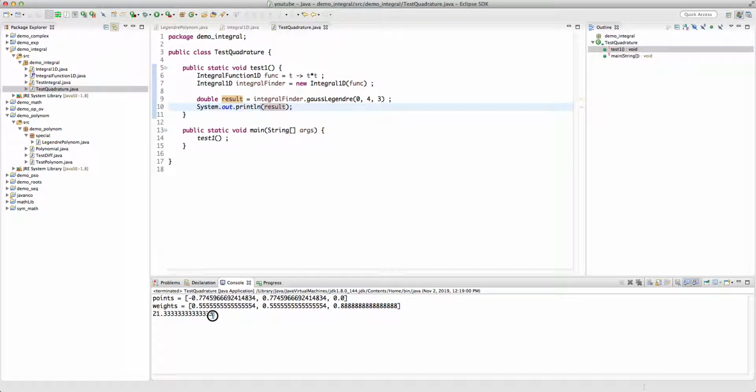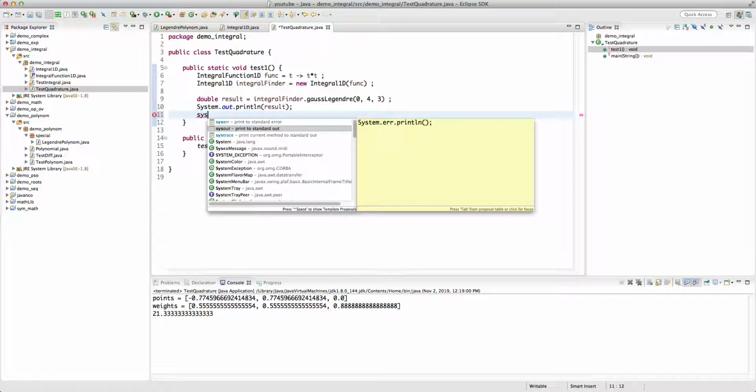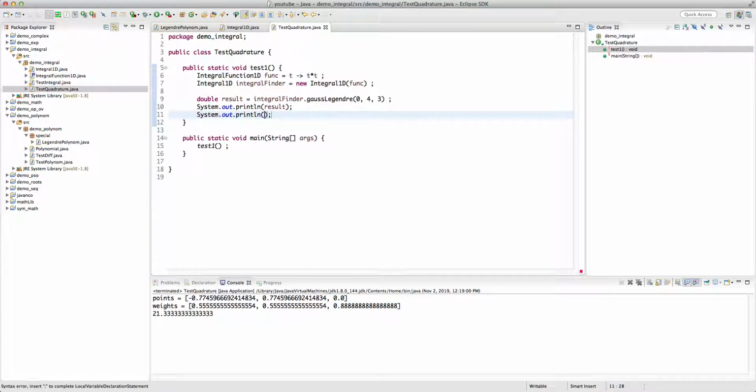So the result is 21.333, and this should be exact because a 3-point Gauss-Legendre quadrature should be exact for polynomials up to twice the degree minus 1, 2 times 3 minus 1, 5th degree polynomials. So let's also calculate the exact.